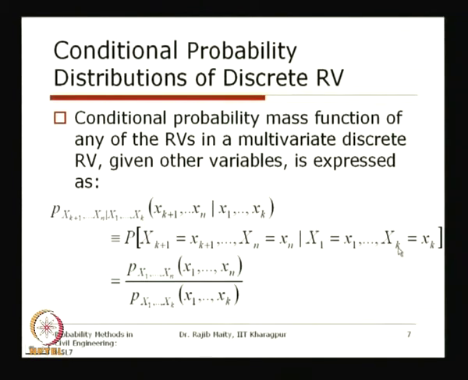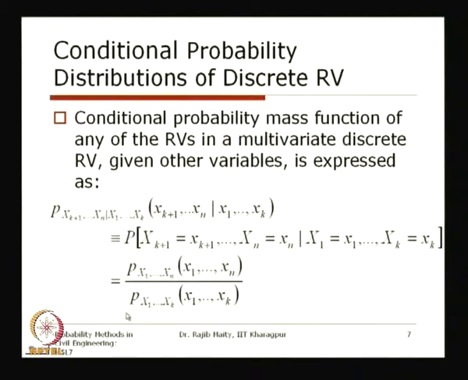Now, for the bivariate case, if we want to relate how to get this probability, what we can write directly is, first of all, the joint PMF for all the random variables from x1 to xn. The normalizing factor here should be the marginal distribution on which this distribution is conditioned. Now this distribution is conditioned on the subset x1, x2, x3 up to xk, so we have to get their marginal distribution.